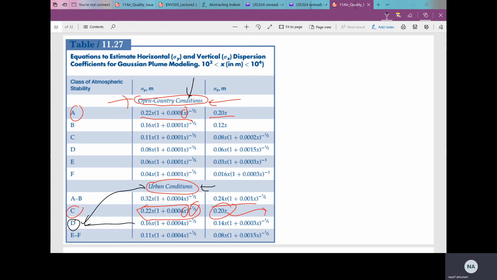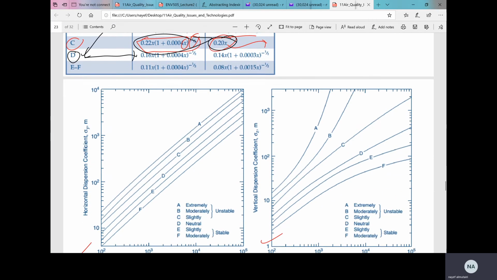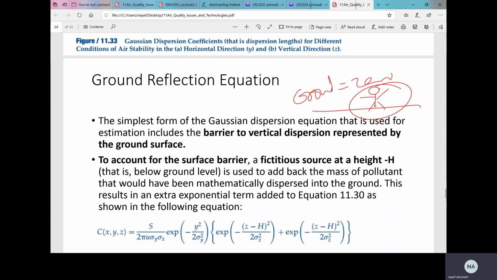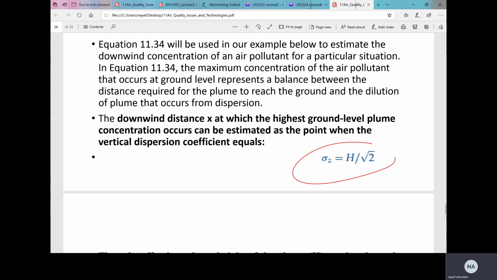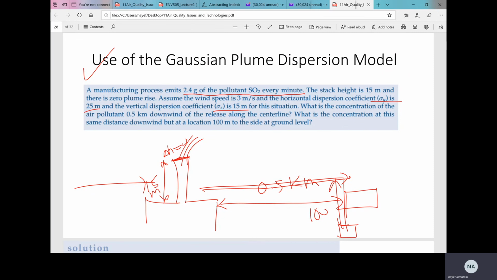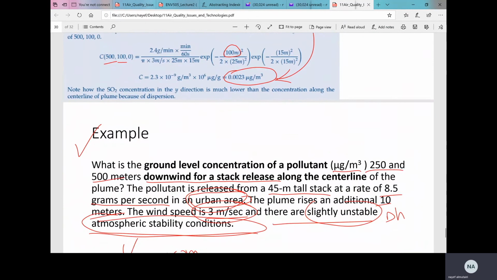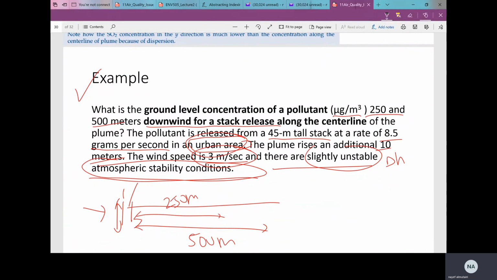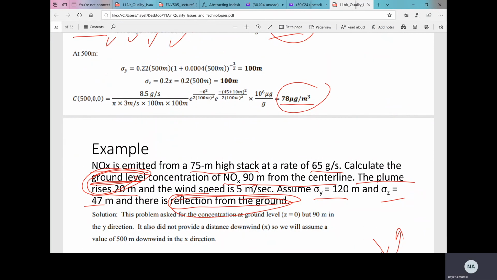So D, this is sigma Y in meters, and this is sigma Z. X is the distance, because you want to find the pollution at distance X. Don't worry about the ground reflection equation because that's not important for now. Let's concentrate on this example. This is very important, and of course this is also very important. This other example, don't worry about it. Okay.